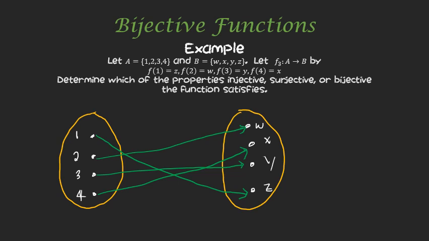Do you see any two arrows going to the same element of the codomain? No, so it's injective. Is it surjective? Yep, everything in the codomain is hit by something in the domain. Hence, together those imply F is bijective.